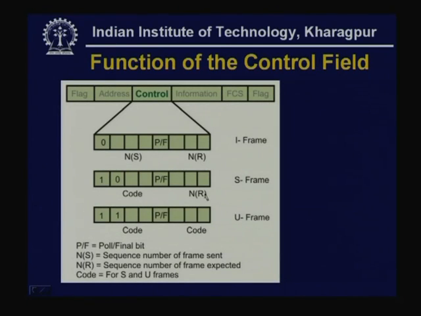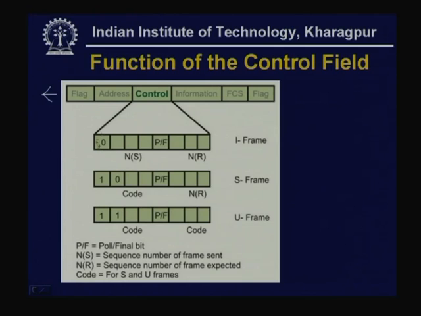Let us look at the control frame format. First of all, the control field decides what type of frame it is. For example, the first bit of the control field, if it is 0, then it is I frame or information frame.